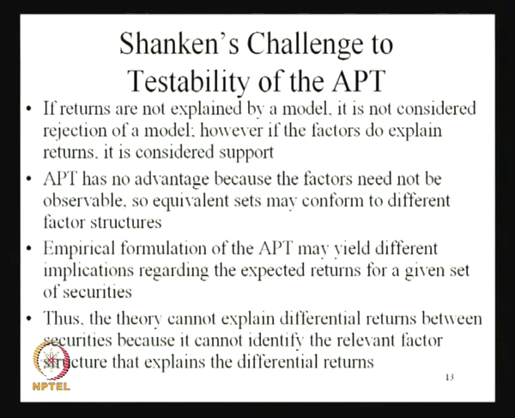Thus the theory cannot explain the differential returns between securities, because it cannot identify the relevant factor structure that explains the differential returns. Why will these differential returns be there, and why does this factor give an 8 point return while another factor gives a 10 point return?